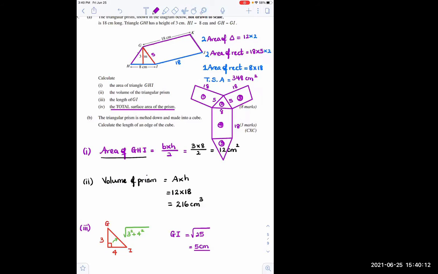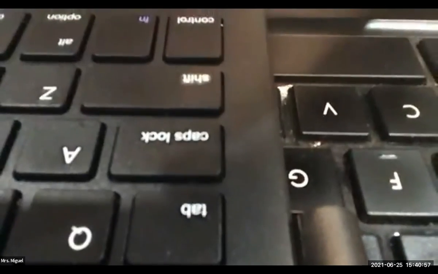Are you still asking if it's centimeter squared or centimeter cube? Are you all seeing and hearing me? Yes, miss.